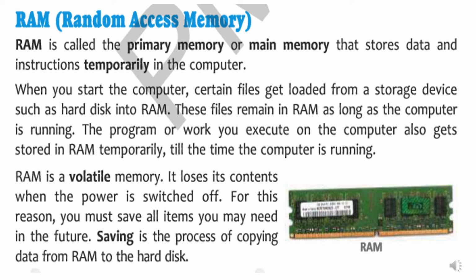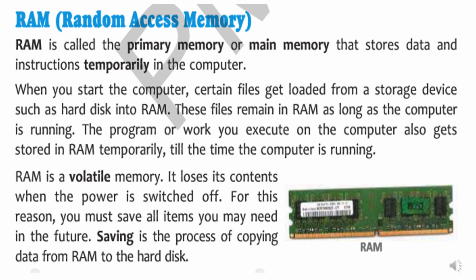We can take an example of a green board. As your teacher is writing on a green board, you can note down the notes. But when the next period starts, the data which is written on your green board will be erased. In the same way, when you shut down the computer, the data which is stored in RAM will be erased.